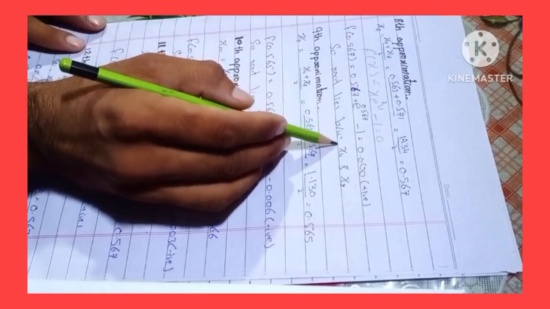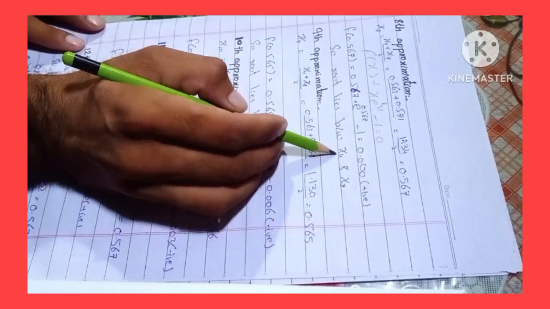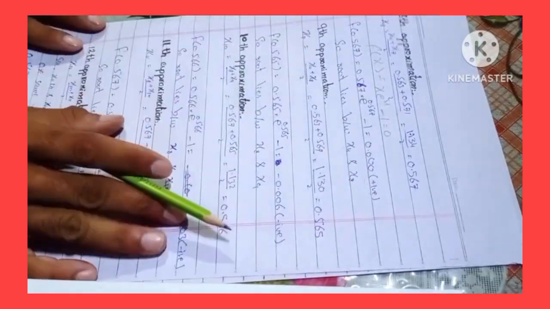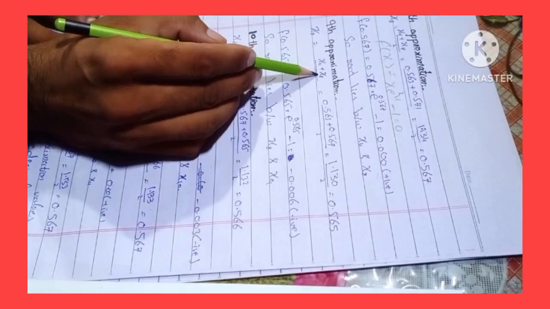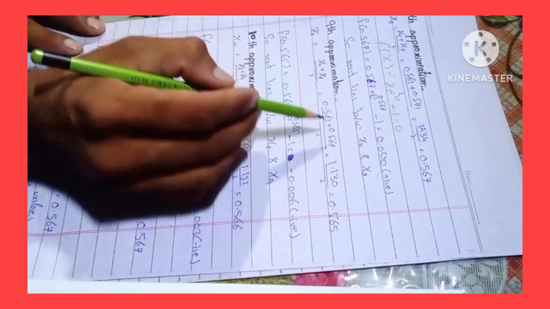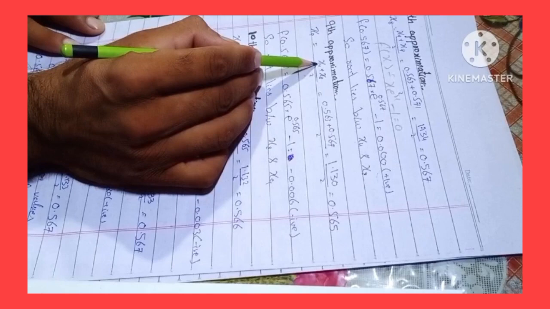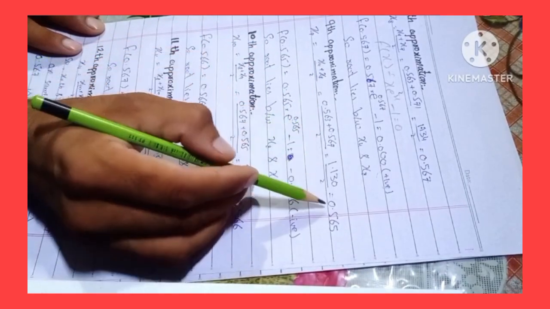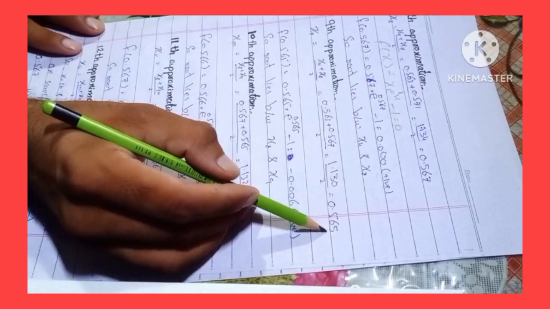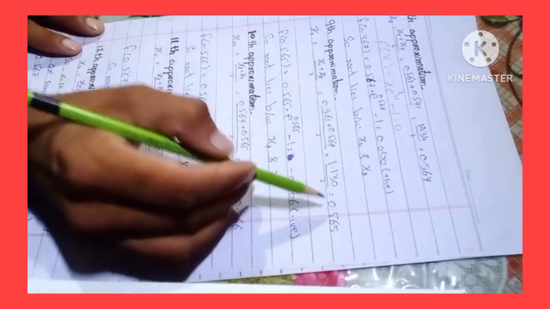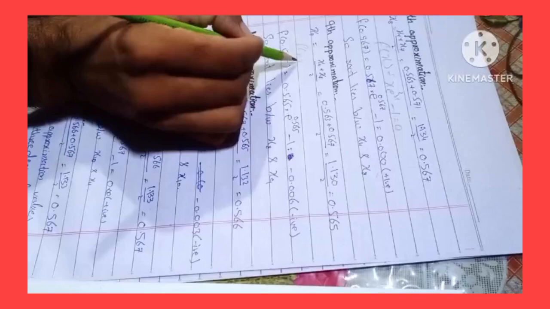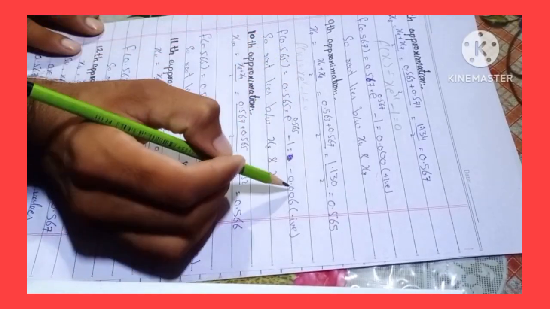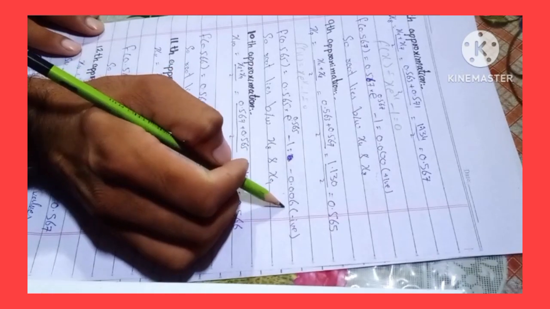So the root lies between x4 and x8, because x4 is negative and x8 is a positive value. The ninth approximation is x9 = (x4 + x8) / 2. Its answer is 0.565, and these values are put into f(x) = x e^x - 1 to check the positive or negative sign.